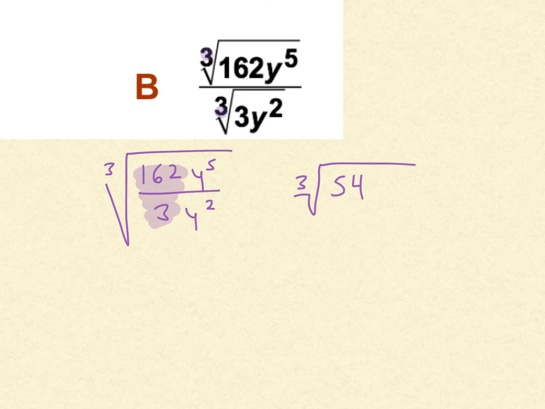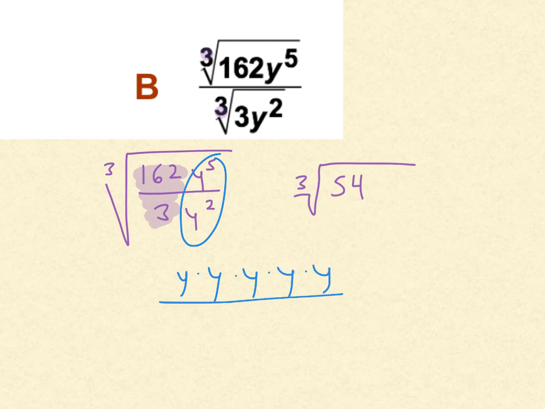And then let's look at our y's. So we have how many y's on top? 5 y's on top. And how many y's on the bottom? 2. So 2 of the y's on the bottom are going to cancel out with 2 of the y's on top. How many y's are we left with on top? 3.